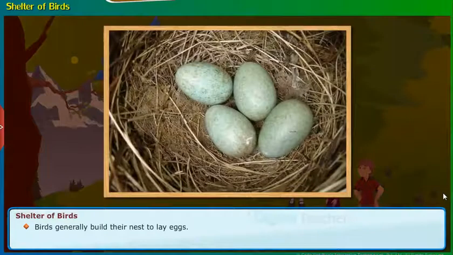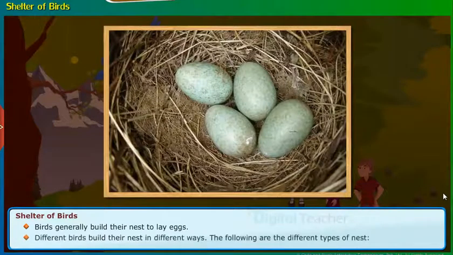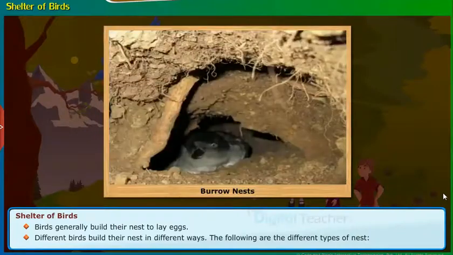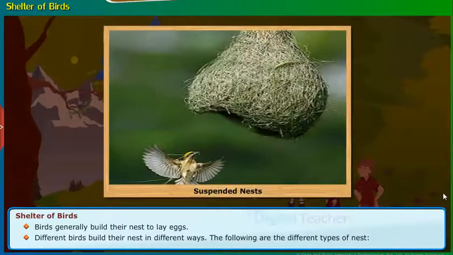Birds generally build their nest to lay eggs. Different birds build their nest in different ways. The following are the different types of nest: cupped nests, ground nests, burrow nests, suspended nests. Let us know how birds build their nest.